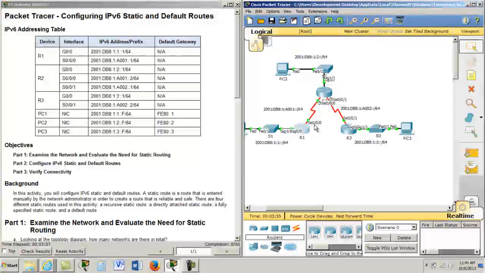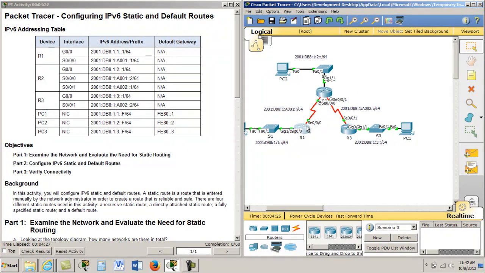On the serial 0/0/0 interface of R1, we have the network 2001:DB8:1:A001. On the other end, R1 is connected to R2 via serial 0/0/0 going to serial 0/0/0 on R2. That is the same network, again, 2001:DB8:1:A001.